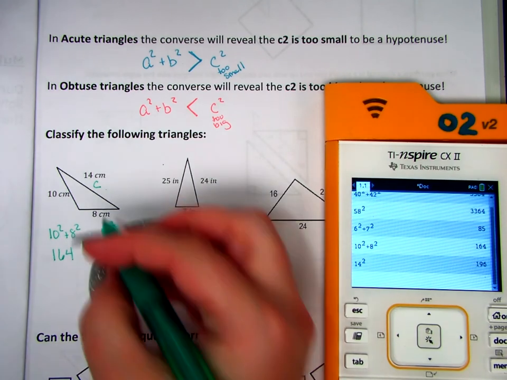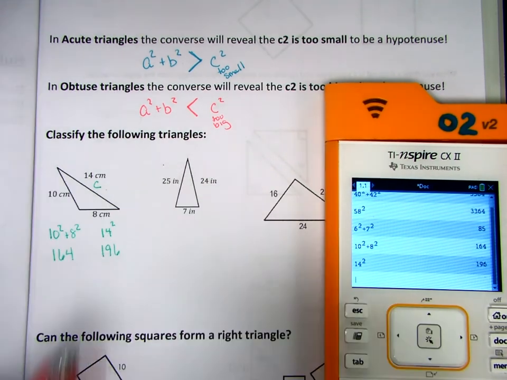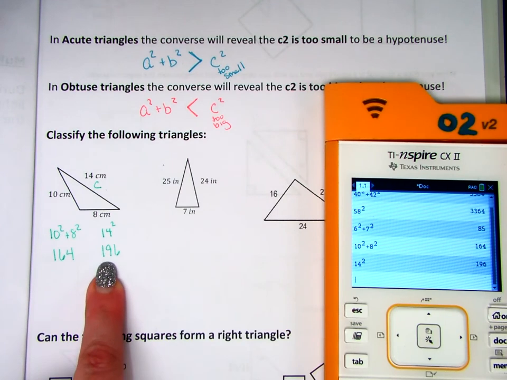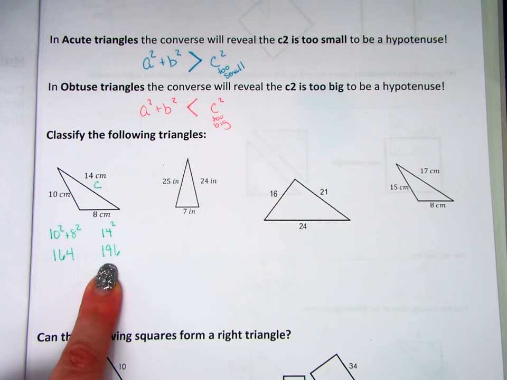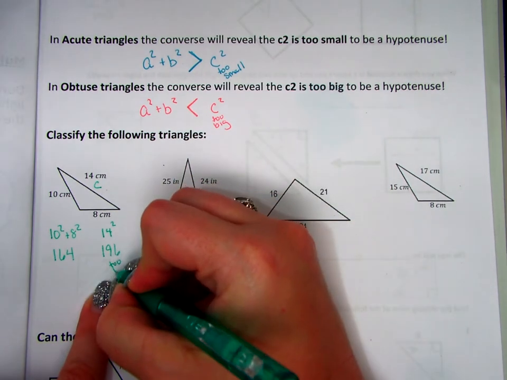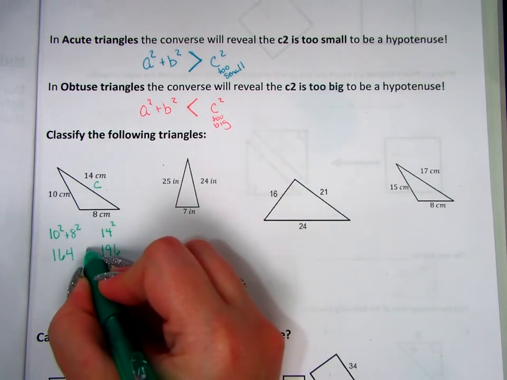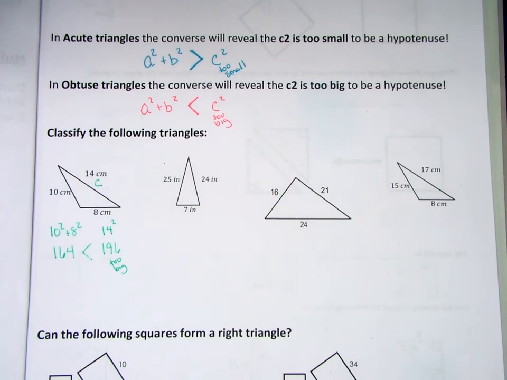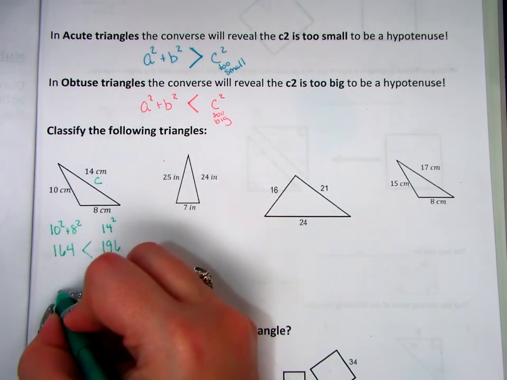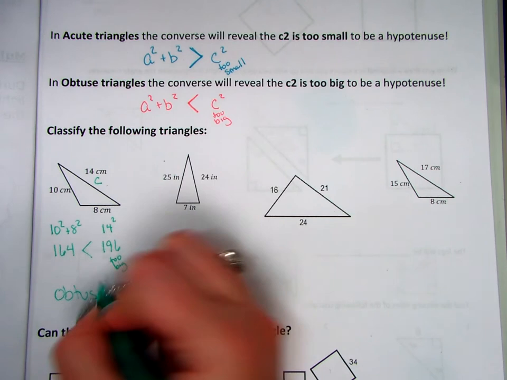And 14 squared, 196. So we always check the right side, my c squared. Is it too big, too small, or just right? Too big. It's supposed to be 164, and it's way bigger than that. So what kind of triangle is this? Obtuse.